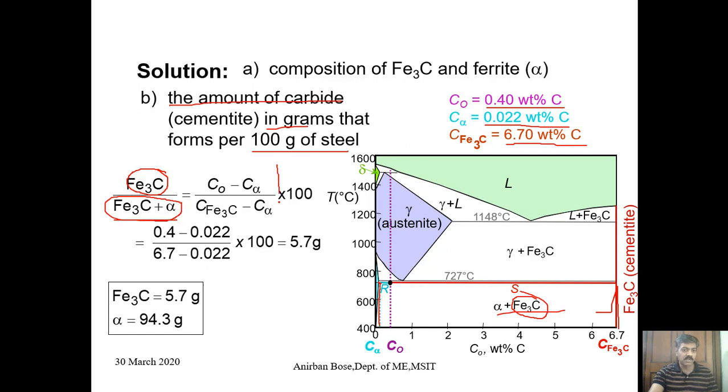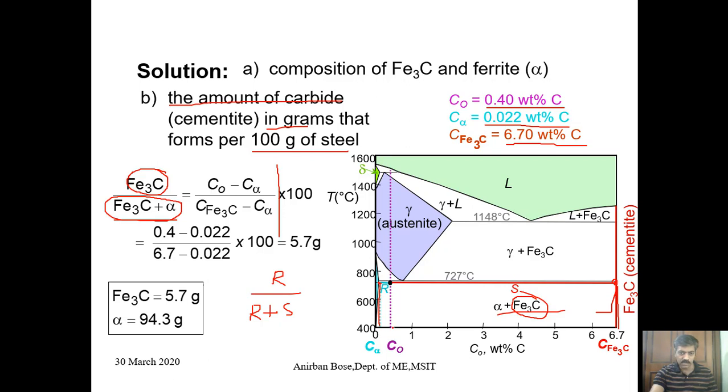What is the weight fraction? We have to find out the weight fraction of cementite. For that, we will take the opposite term, if you remember. The opposite term of Fe3C is R. So it will be R divided by R plus S. What is R? R means this composition minus this composition.